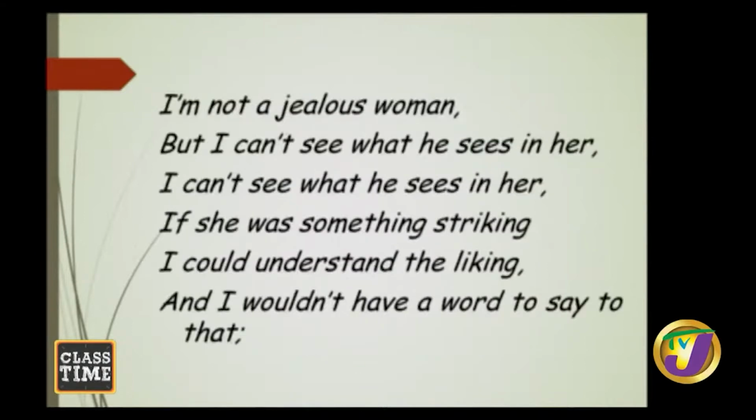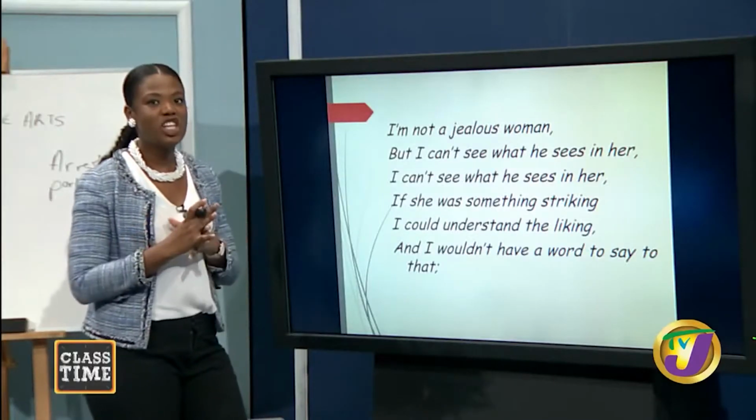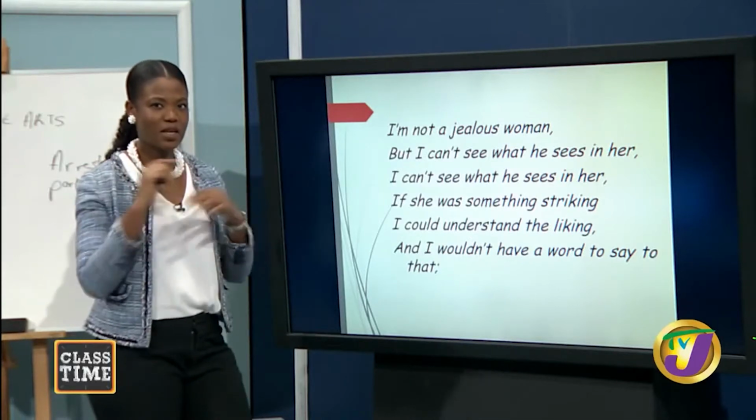All right? I'm not a jealous woman, but I can't see what he sees in her. Now, the fact that she's saying that she's not jealous, and apparently she is, based on the nature of the poem, right? She made mention of her, what aspect of the character?